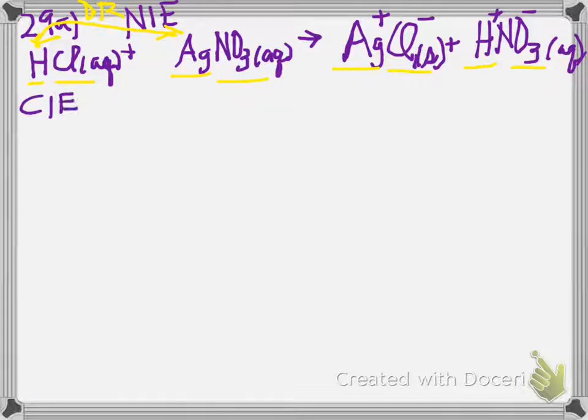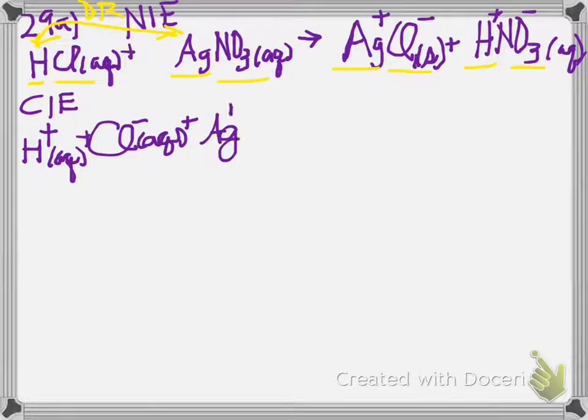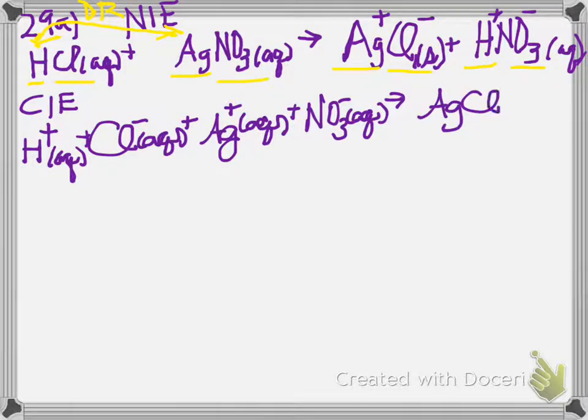Complete ionic, breaking up everything that's aqueous, so H plus aqueous plus Cl minus aqueous plus Ag plus aqueous plus NO3 minus aqueous yields, again, silver chloride stays the same.